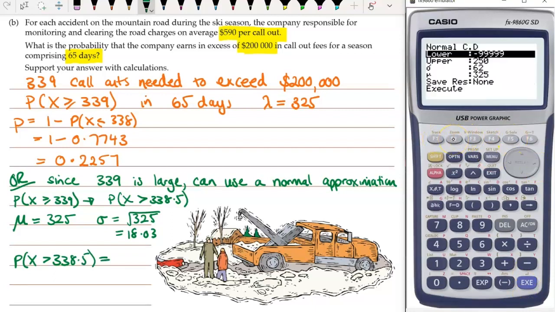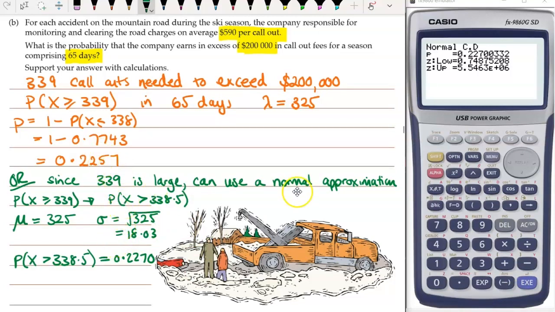Okay, so then the probability that x is greater than 338.5 on a normal distribution will be, doing cumulative, our lower bound is 338.5. The upper bound is something very large. Sigma is 18.03 and the mean is 325. And we get 0.2270. Now you can see those two numbers are quite close. They only differ by a small amount on the third decimal place.